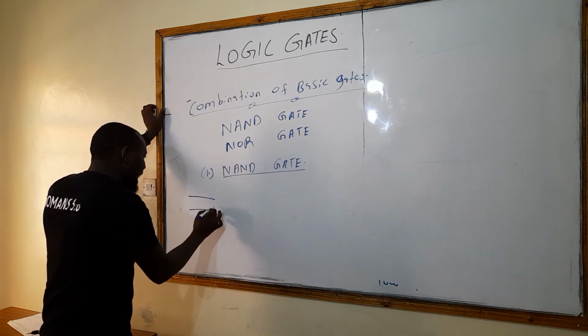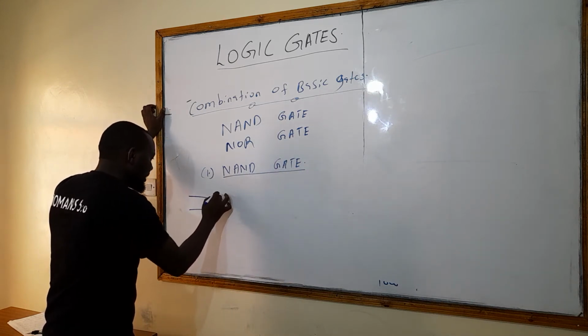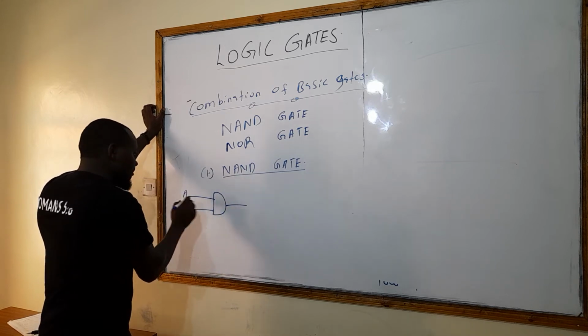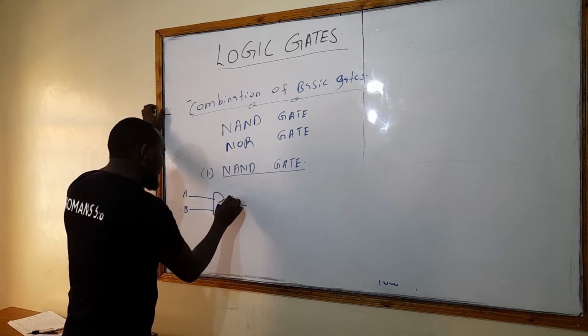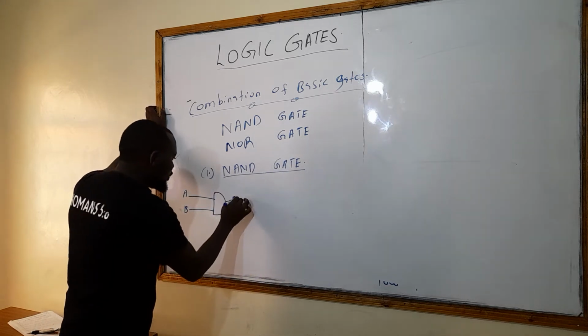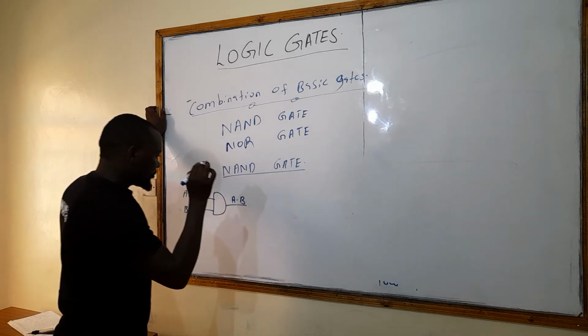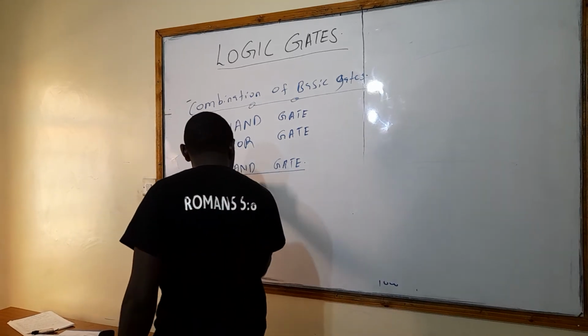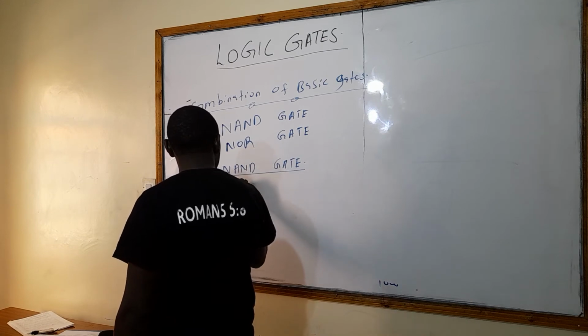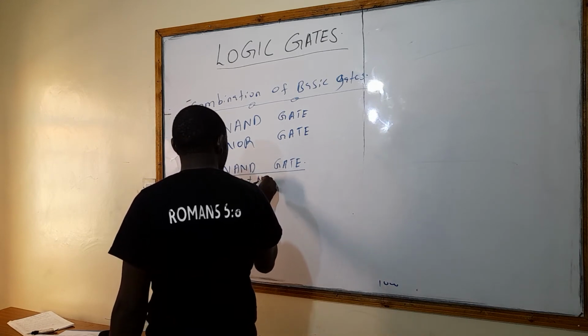This is an AND gate, as we have done previously. With inputs A and B, the output will be A dot B. Then the NAND gate is a combination of an AND gate plus a NOT gate.